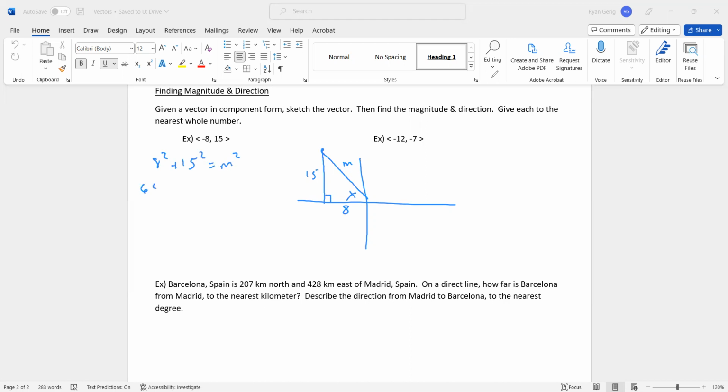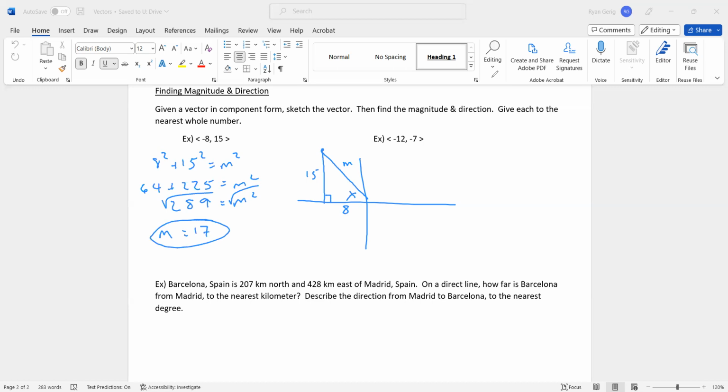So 64 plus 225 equals M squared. And 225 plus 64 is 289. Nice thing is you can actually type it in the calculator. You don't have to break it down. So square root of 289 is 17. So the magnitude is 17 exactly.